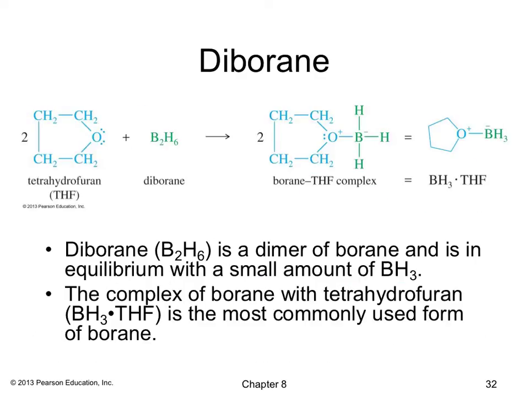So if we look at how the borane complex is generated, you have tetrahydrofuran, which is shown here, in the presence of diborane, B2H6. This will form a bond, and so you have one BH3 being added on via nucleophilic attack from the tetrahydrofuran to the diborane.